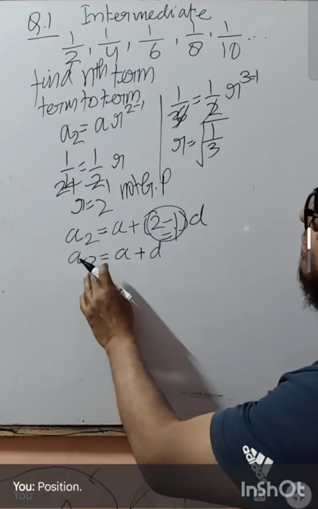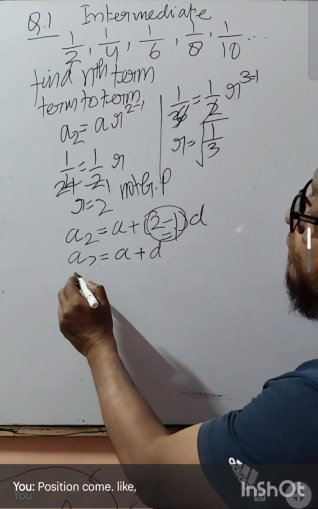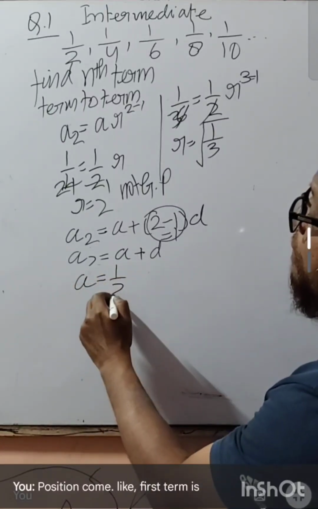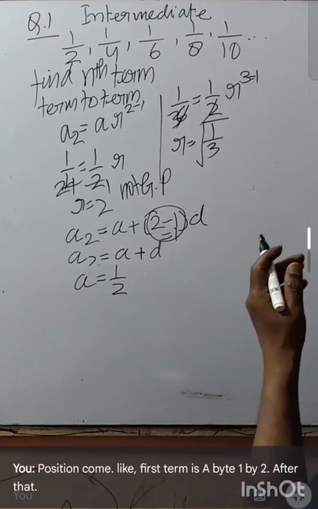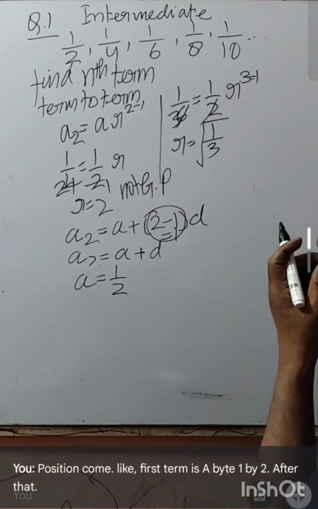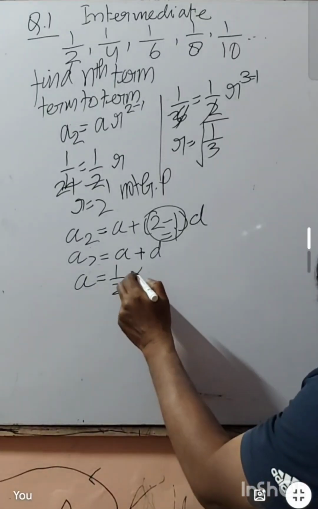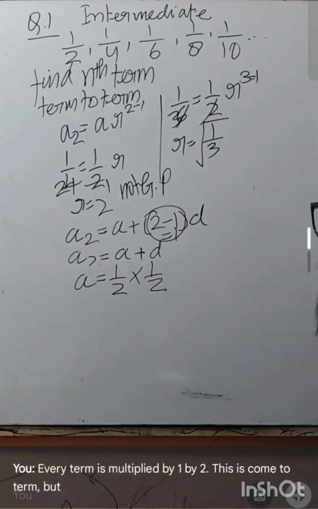Position term, like first term is 1 by 2. After that, every term is multiplied by 1 by 2. This is term to term, but in this way.